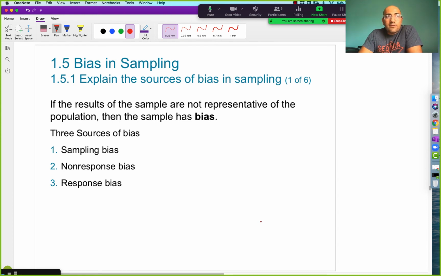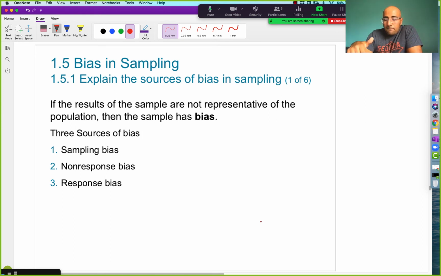So that bias could be there on purpose. Somebody intentionally created that bias, or it could be there accidentally. But whether it's there on purpose or accidentally, the fact that it's there, nonetheless, you have bias.